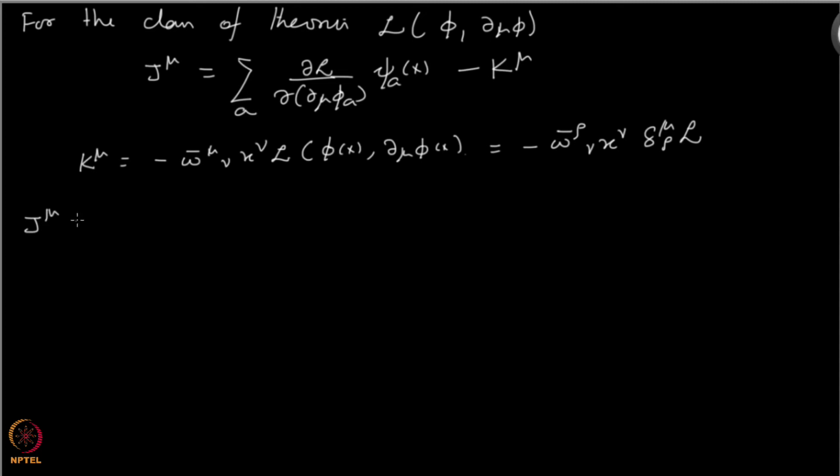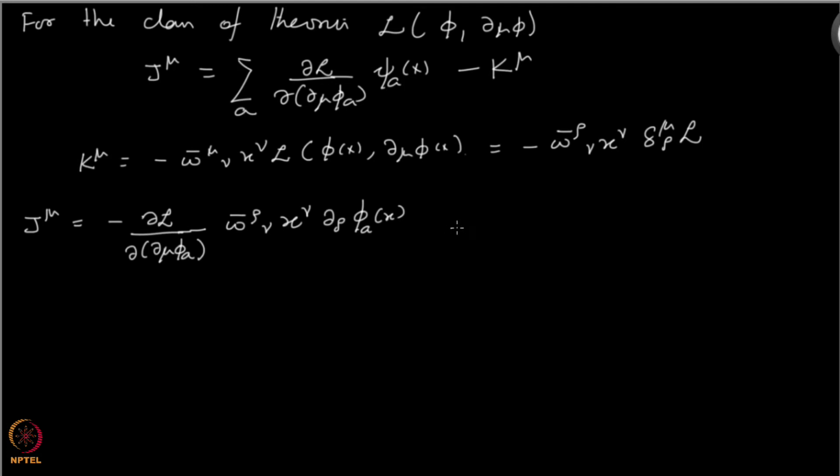J mu is equal to minus, and the minus sign, I think you can check, so I will not explain, del L over del mu phi A. Omega bar rho nu x nu del rho phi A of x.